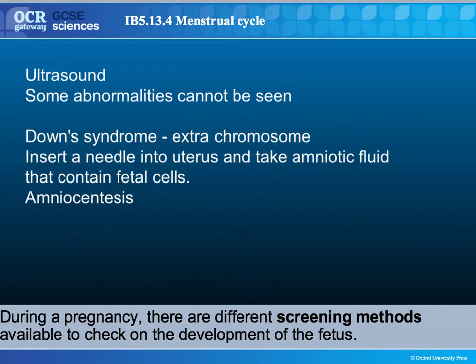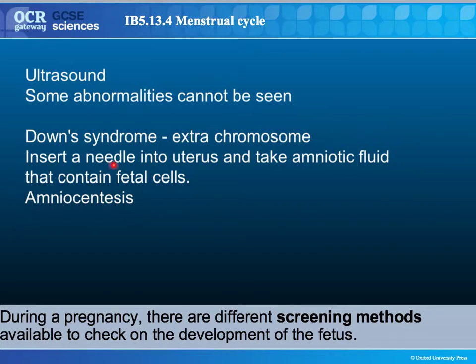So one of the disorders that are screened for is Down syndrome, and this is caused by an extra chromosome. Now, the way that they screen for that is that a large needle is inserted into the uterus. They take a sample of amniotic fluid that will contain some cells from the fetus. This is called amniocentesis.